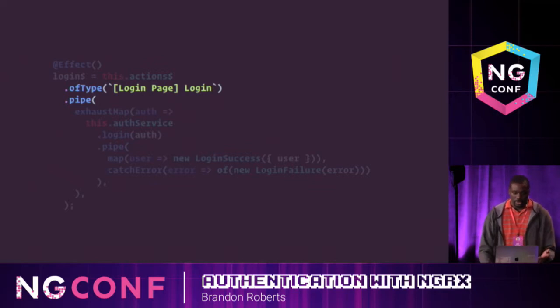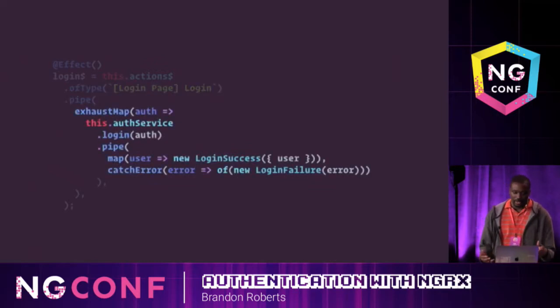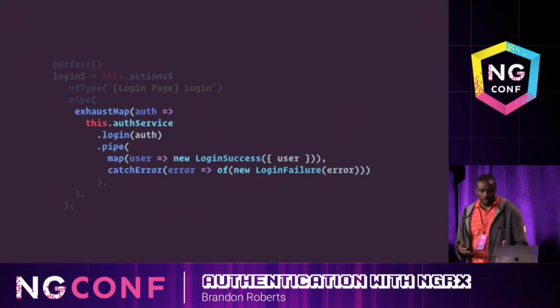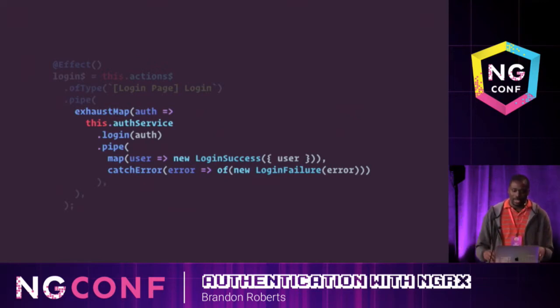We take the user credentials and pass them to the authentication service. As I mentioned before, this is where you handle your custom authentication logic based on your scheme. As a result of this API request, we return a login success action with the user that we can populate the store, or we catch an error and we map it to a login failure action that is displayed to the user.